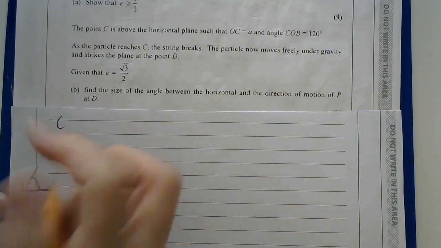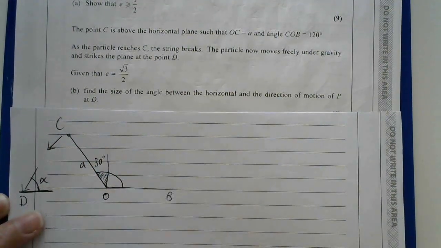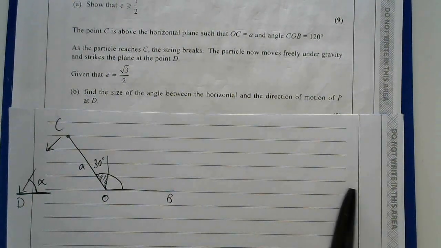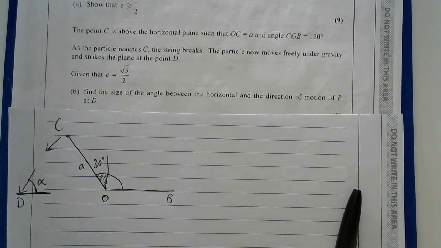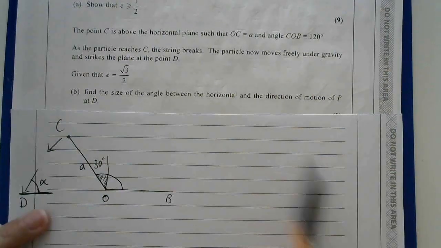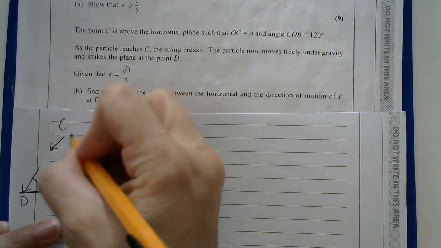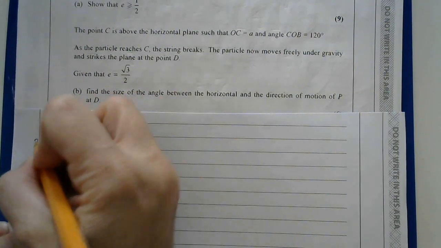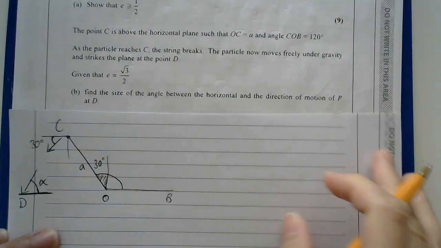So let's call this angle alpha. Okay. So if this is 30, then this is 30, that's 30, so the angle there is 30 degrees as it leaves the circle.